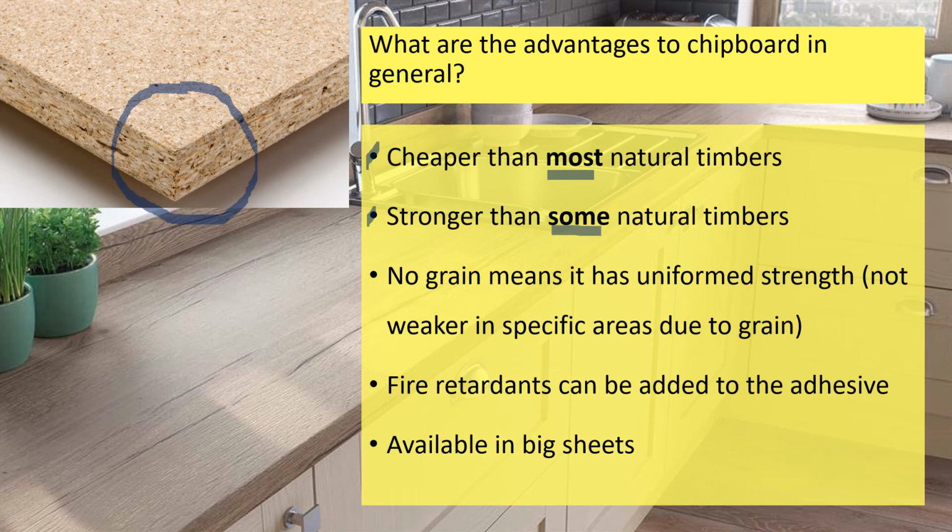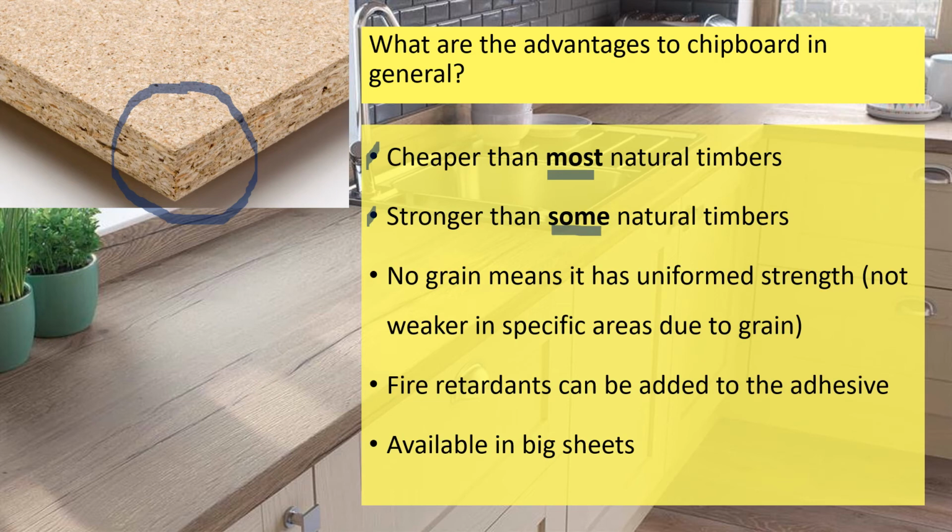Now, this is good exam practice because in an exam, you will often be asked what material is used for this and why. It's a very common type of question. And it's really easy to go, because it's cheaper than natural timbers, or it's cheaper than other materials. Unless you 100% know that it is in fact cheaper than other materials within that category, you don't state that.